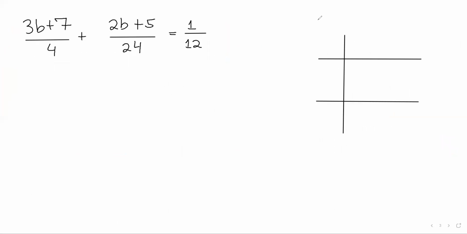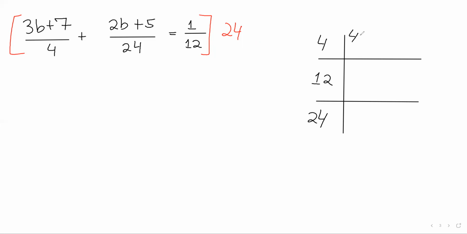Okay, last problem. I have a 4, a 12, and a 24. Okay, notice right off the bat, you can clearly see that 24 is divisible by both 12 and 4. So you know the LCD is going to be 24. But just for notes purposes, it's good to show the work and prove it.